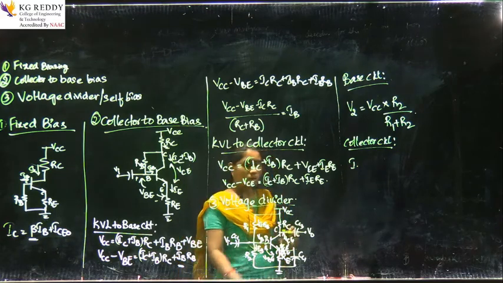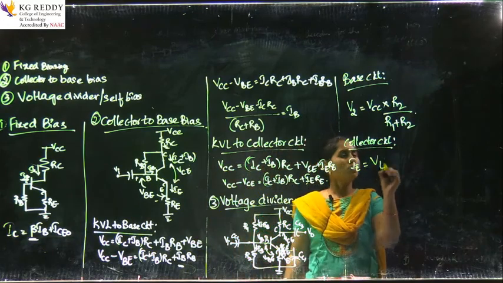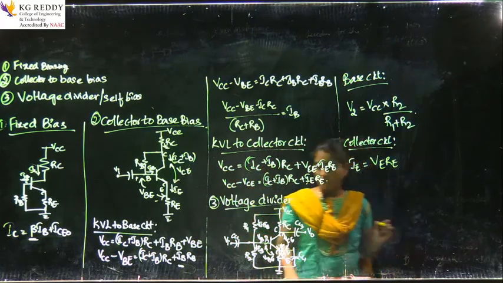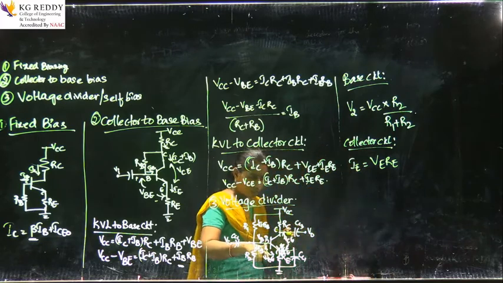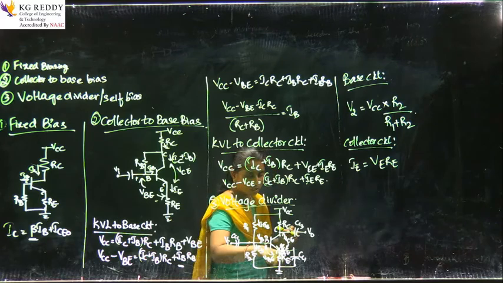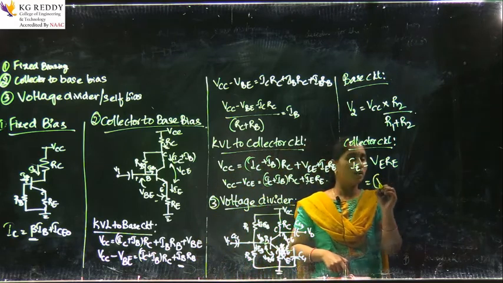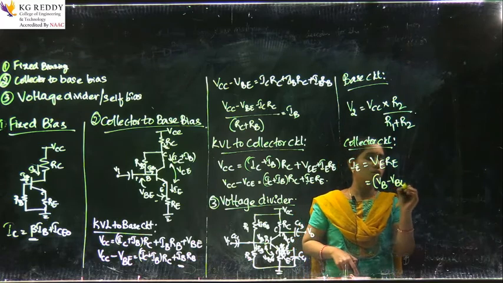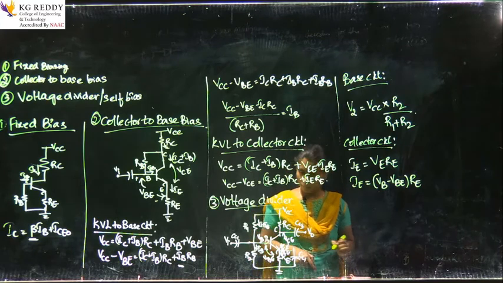Now, I can directly write IE equals VE by RE. From the base circuit to the collector circuit, the total base voltage can be written as base emitter voltage plus VE. So, I can write VE as VB minus VBE. So, IE equals VB minus VBE divided by RE. This is your emitter current.